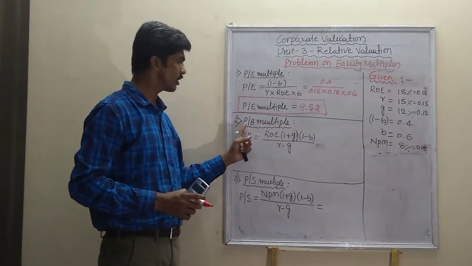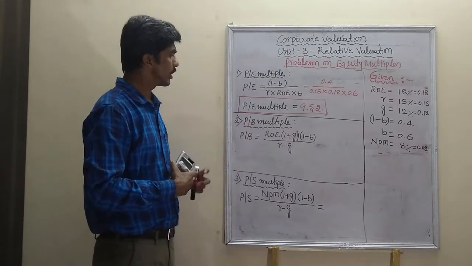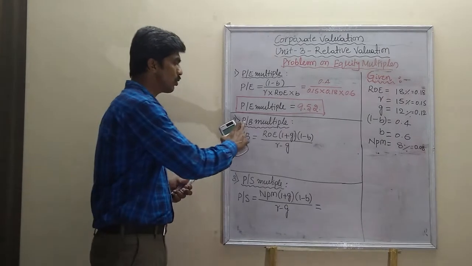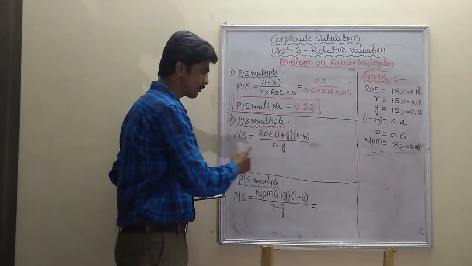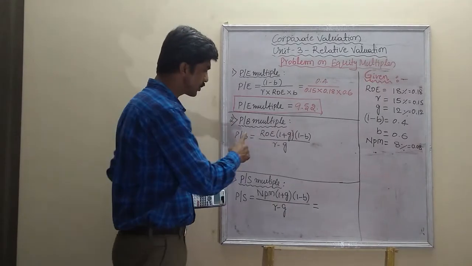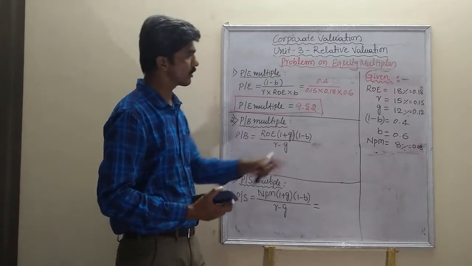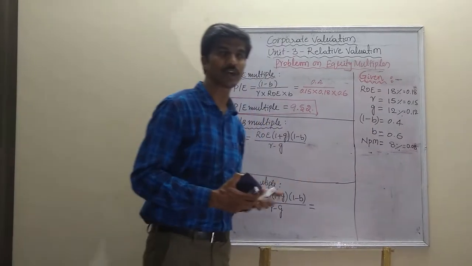Now move on to the next one, the PB multiple. It is also known as the price to book value multiple. Here is the formula given for it, and you can look into the formula wherein I have taken the given values over here.